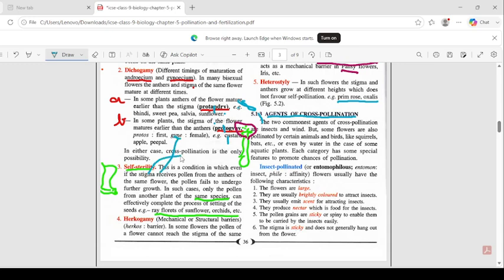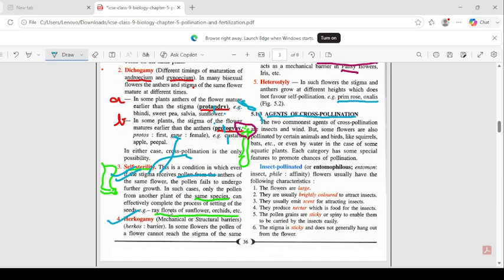Here, the stigma is receiving the pollen grain. As I discussed already, if the pollen grains of the same flower or same plant are not able to germinate on the stigma of the same flower, then this creates self incompatibility or self sterility.